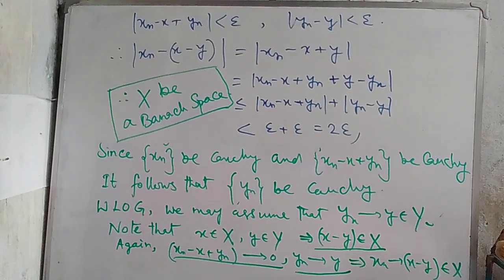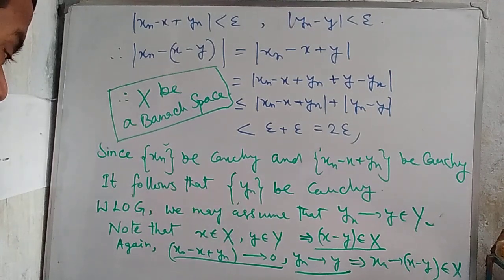Then we proved that X is a Banach space. How did we prove it? First we considered a Cauchy sequence, and then we saw that its class in the quotient space also forms a Cauchy sequence. So the class of xn is Cauchy in this quotient space. Then since X quotient Y is a Banach space, the class of xn is convergent.